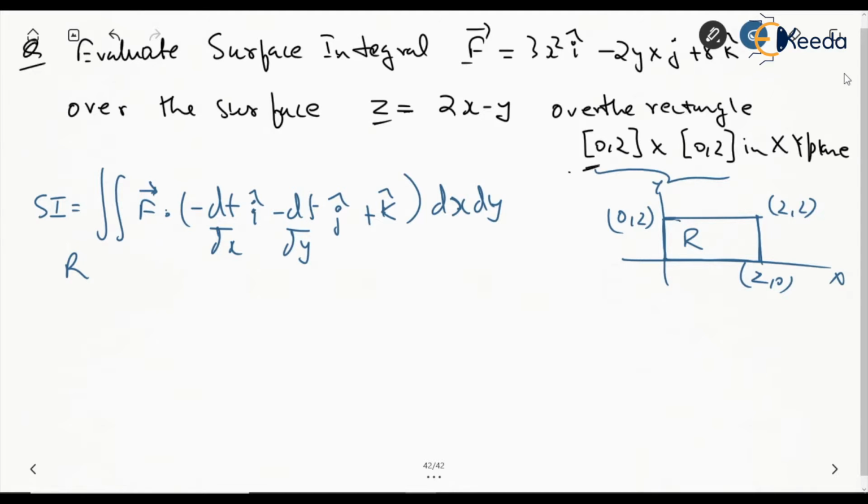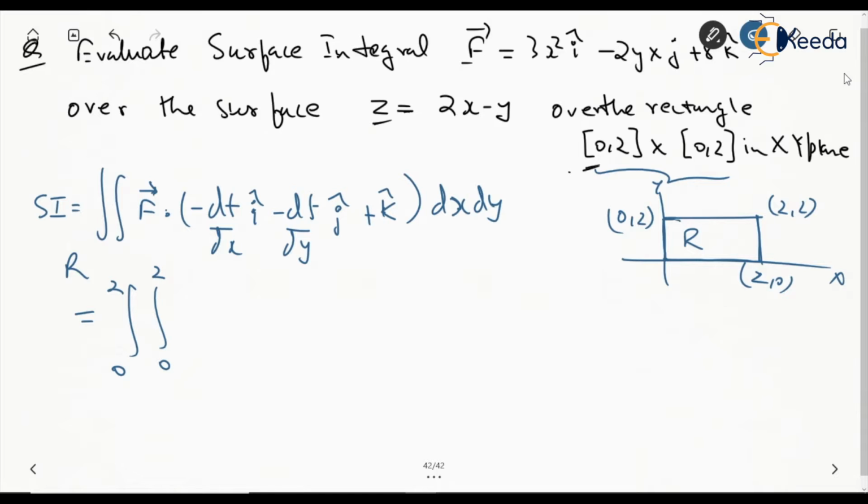Of course we know this, if we have a rectangle or a square or cube or cuboid, the variables are independent of each other, and the limits are going to be 0 to 2 for x and 0 to 2 for y.